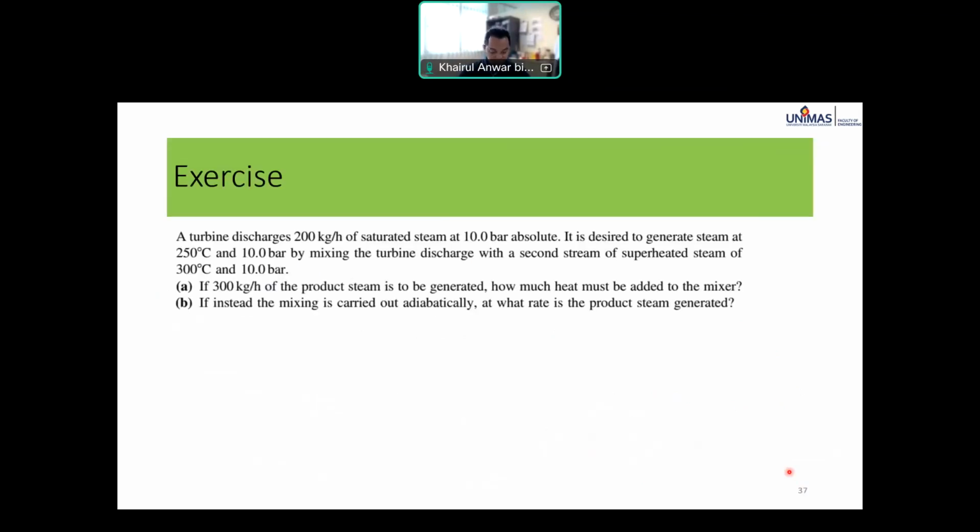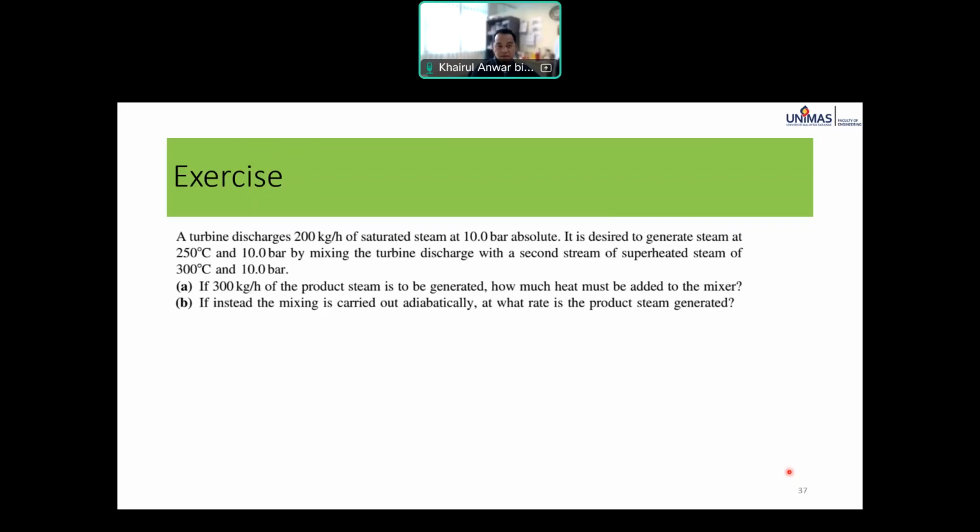Exercise. Look: a turbine discharges 200 kg per hour of saturated steam at 10 bar absolute. It is desired to generate steam at 250 degrees C and 10 bar by mixing the turbine discharge with a second stream of superheated steam at 300 degrees C and 10 bar.